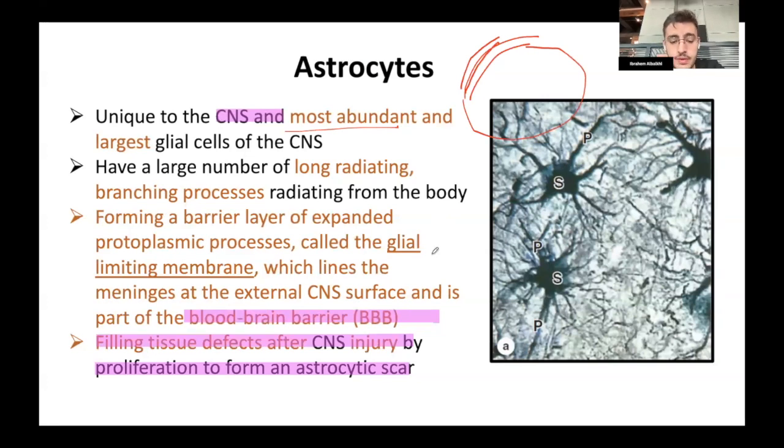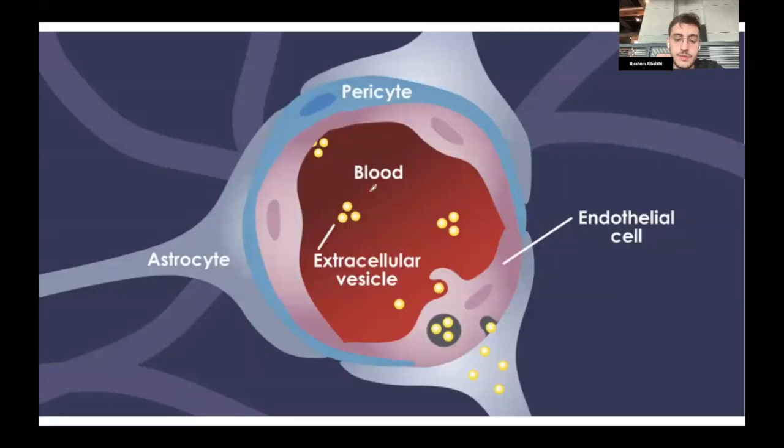And I'll show that to you in a different picture. So this is called the glial limiting membrane. And furthermore, they wrap around capillaries and they form the blood-brain barrier. So they wrap around capillaries and they filter what goes into the brain. So this is a capillary and this is an astrocyte wrapping around. They create this tight junction to only select specific chemicals or nutrients to pass to the nervous tissue.